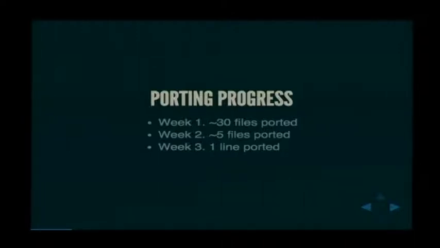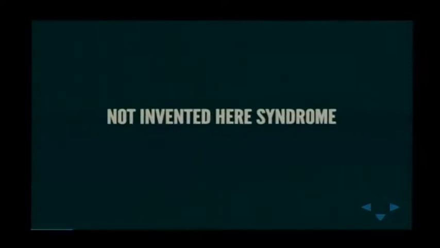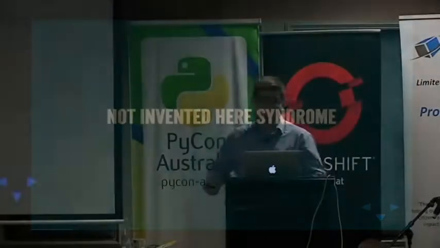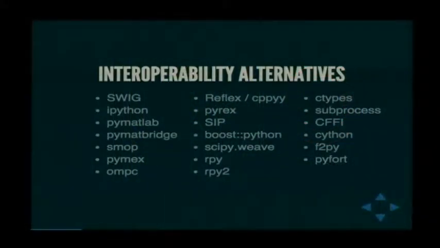Most software engineers know about this idea of not invented here syndrome. Python is a great language to do everything in, but science in particular. But sometimes it's a bit too easy to just assume that everything else that's out there doesn't fit your needs. So what choices do you actually have at the moment for interoperating with software written in other languages?